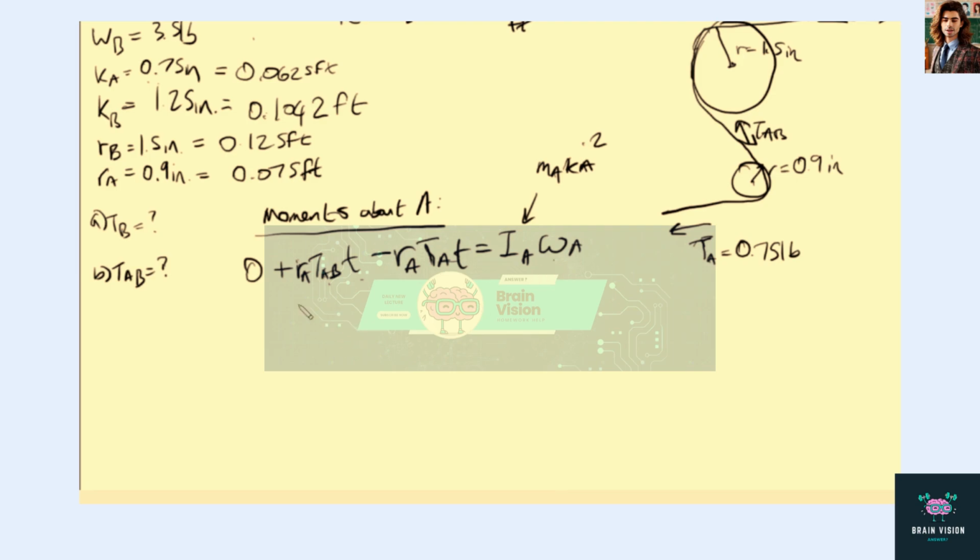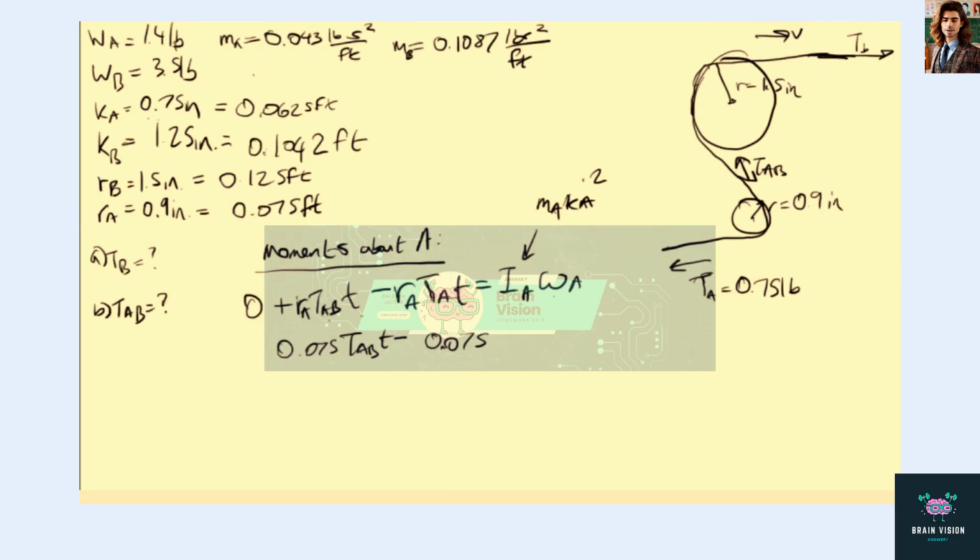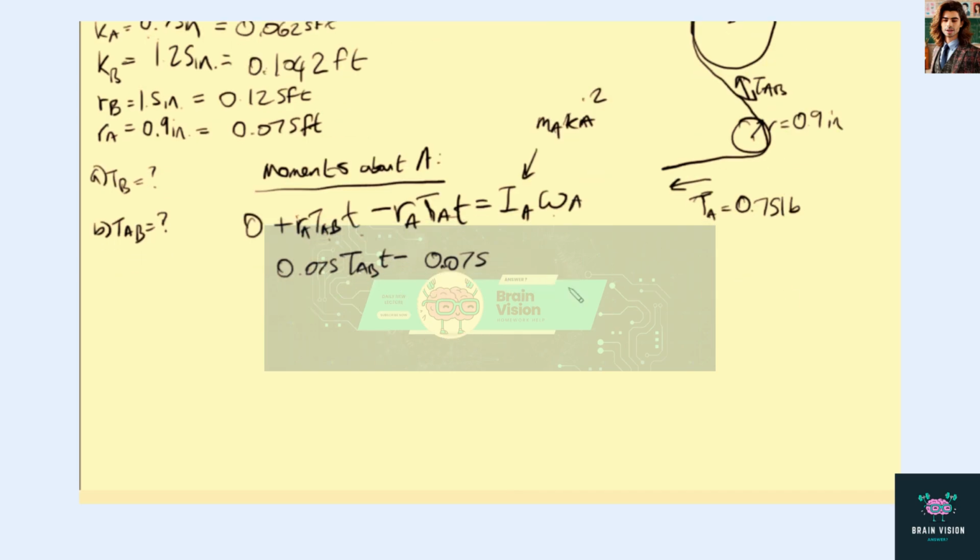So we have an RA of 0.075 times TAB times T, minus 0.075 times TA, which is 0.075 times T, which is 2.54, equal to MA KA squared.